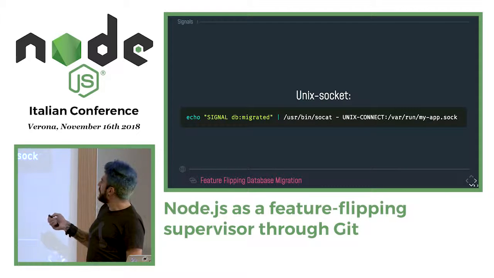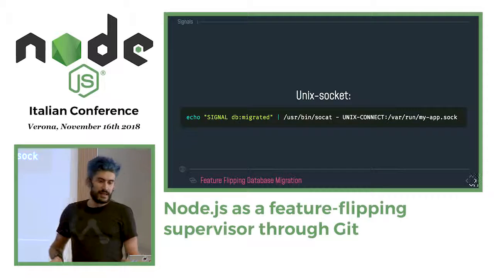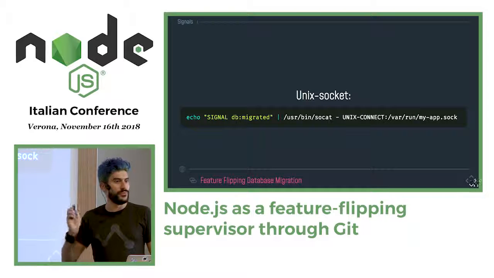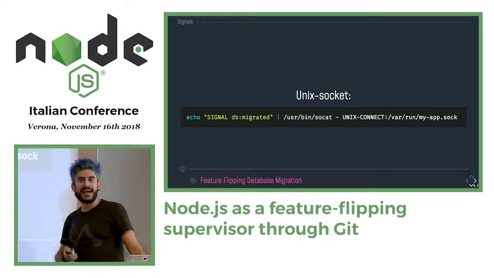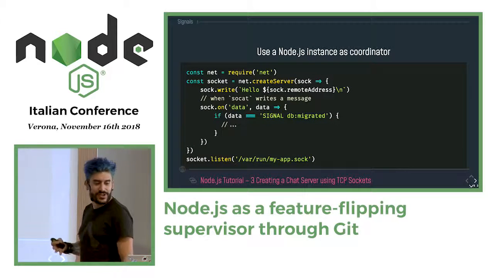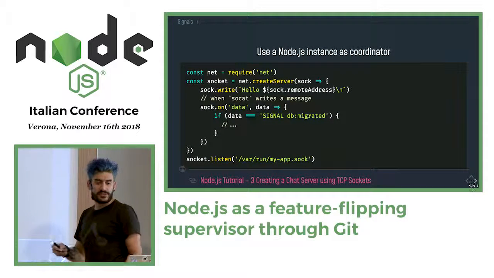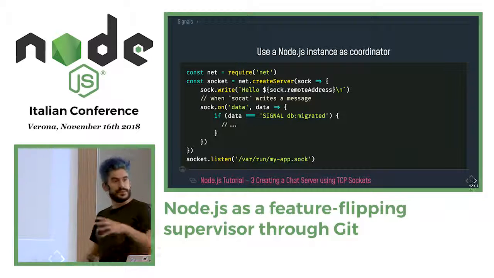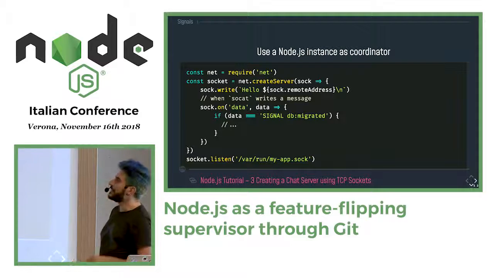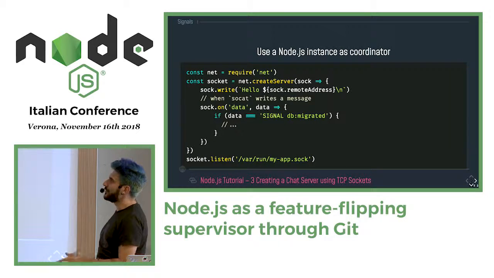And it writes the message on the application socket. And now I can use a Node.js instance to read this socket and act regarding the message pushed in the socket. So I've got a Node.js instance that is my coordinator, my orchestrator. So I simply create a new Node server with a socket.